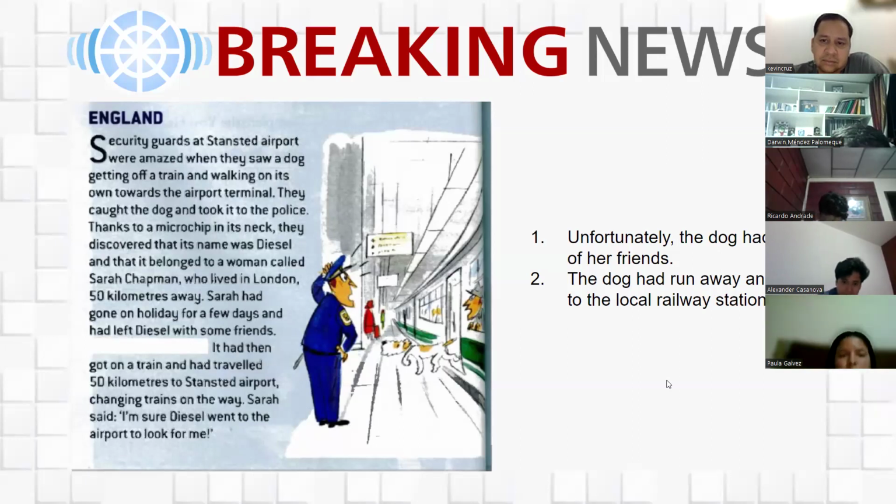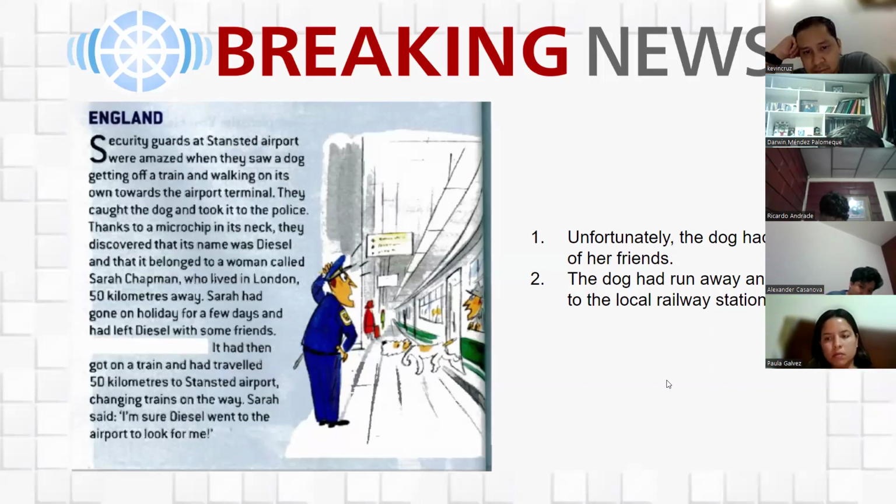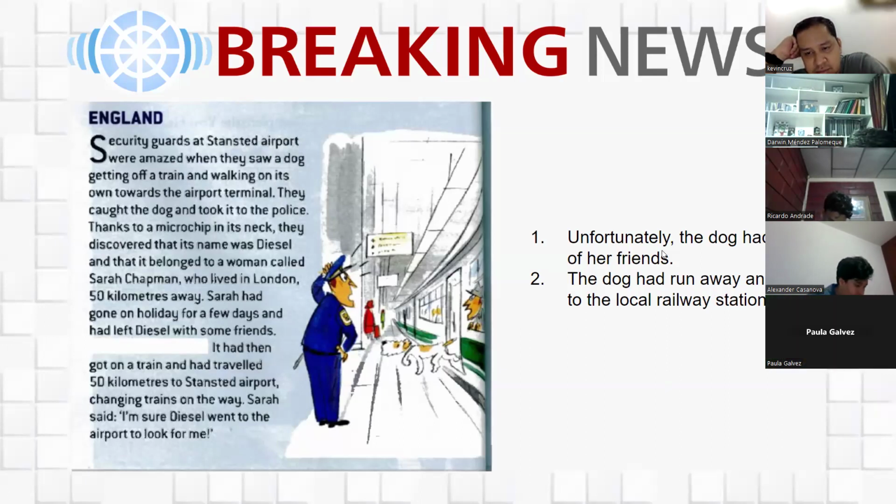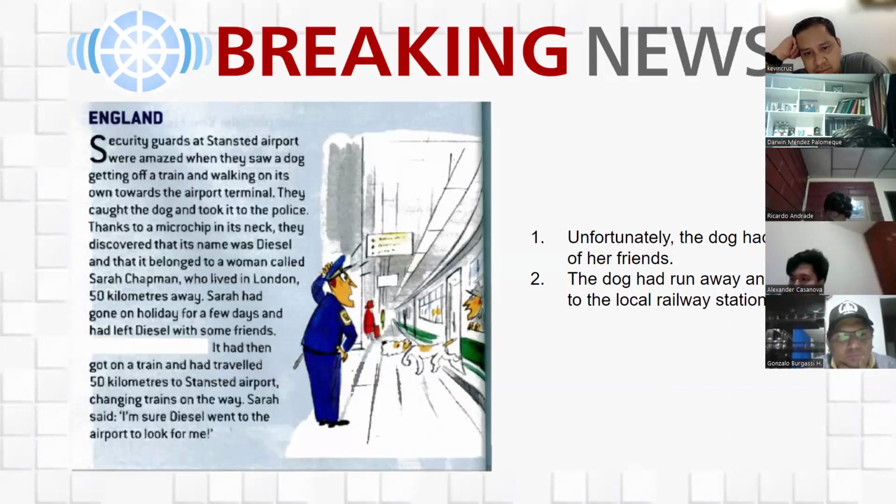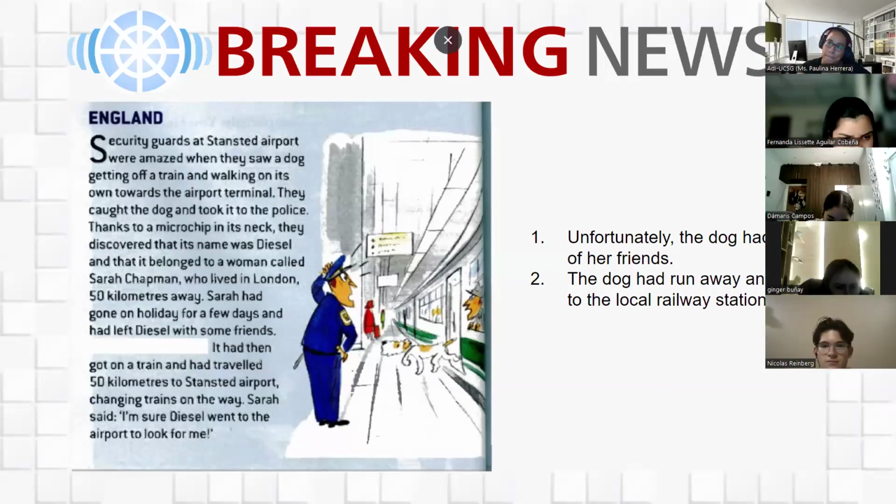Okay, so imagine this. The dog was traveling by train, changed train, and finally got into the airport. Paula, which sentence do you think will complete this story in the best way? We have, unfortunately, the dog had bitten one of her friends, or the dog had run away and had gone to the local railway station.